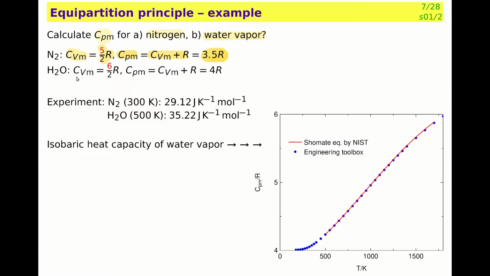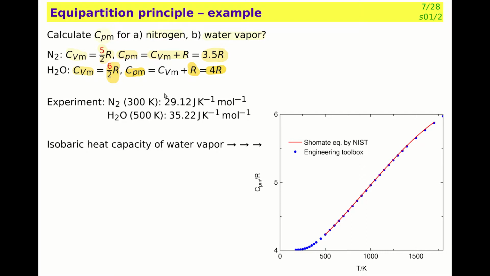For water vapor, the same equipartition principle predicts for the heat capacity at constant volume 3 times R, and we must add 1 to get the heat capacity at constant pressure. It is 4R.